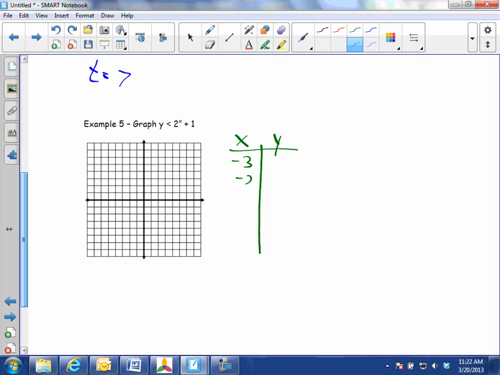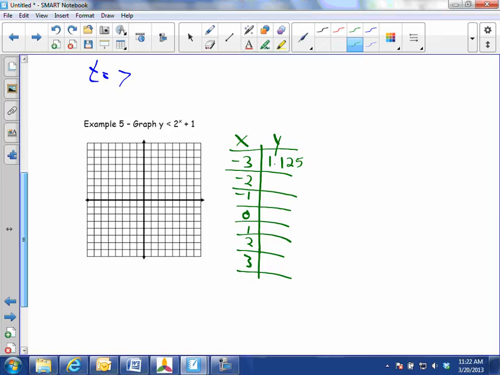Again, I would go with our standard -3 to 3. We're going to take 2 to the -3 plus 1. Make sure you do exponents before you add.